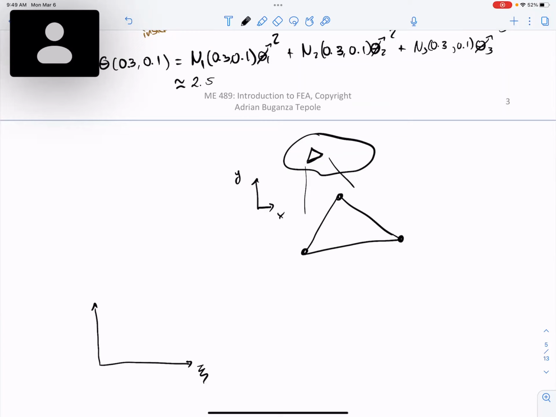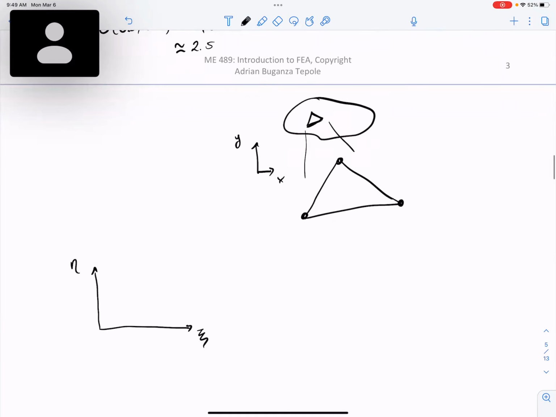It will have psi and eta, two variables because it's 2D, and then we need to decide on some parent triangle. In this case, it's going to be this triangle, which has coordinates (0, 0), (1, 0), and (0, 1).